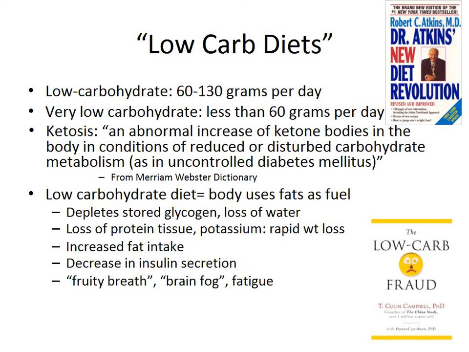And what low carbohydrate diets do, they tend to produce rapid weight loss because if you can remember, your body's preferred source of fuel is carbohydrates, and your body tends to store extra carbohydrates in your liver and your muscles as glycogen, and glycogen tends to store water along with it.